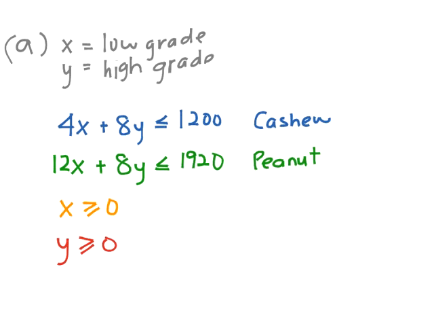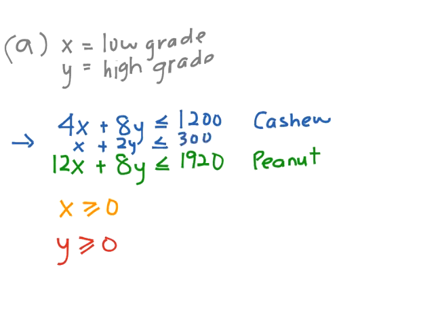So if we have an inequality, we can simplify the value of each side by dividing by 4. So when we divide by 4, our first inequality becomes x plus 2y less than or equal to 300.